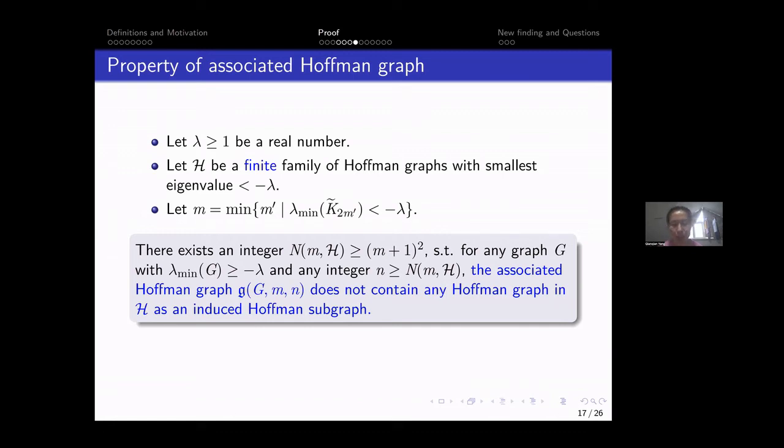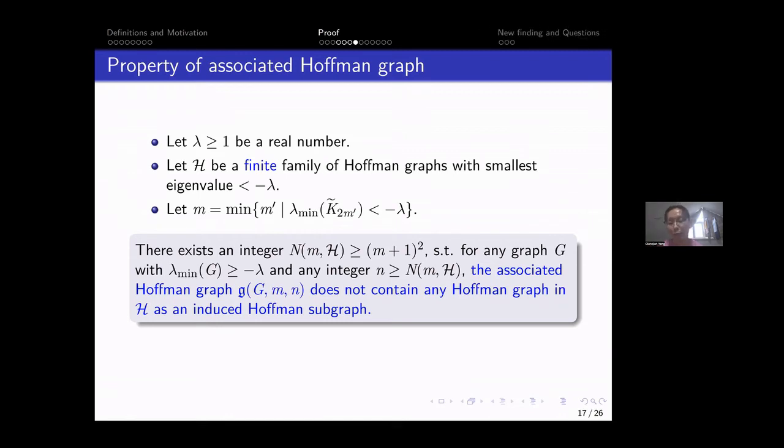This is the result in the paper by Professor Koolen and Qianqian in 2016. In that paper, they gave this property, and it is somehow like the fundamental property we need to study graphs.